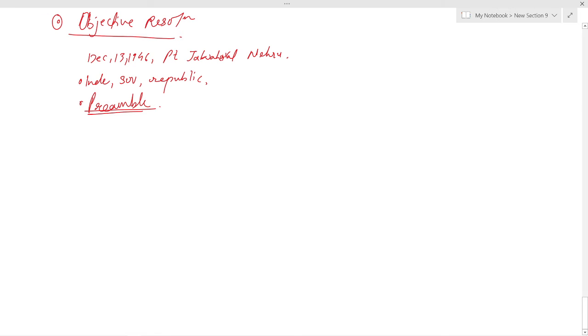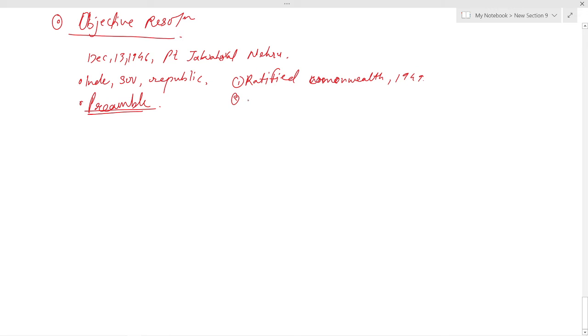Other functions which were performed by the Constituent Assembly. In addition to drafting the Constitution and enacting ordinary law, the Constituent Assembly also performed the following functions. First, it ratified India's membership in the Commonwealth in 1949.